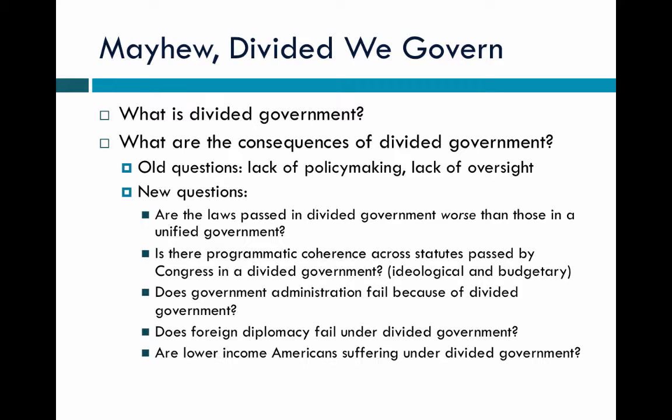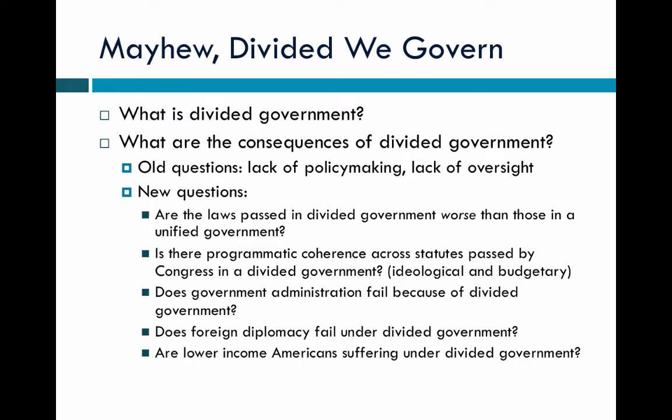And is there budgetary coherence? Are there priorities being set by Congress and the president? And he gives mixed evidence for that. Then he asks, does government administration fail because of a divided government? In other words, if Congress passes a statute, does the president fail to enact it if he doesn't agree? Again, he lays out a case contrary to the conventional wisdom.